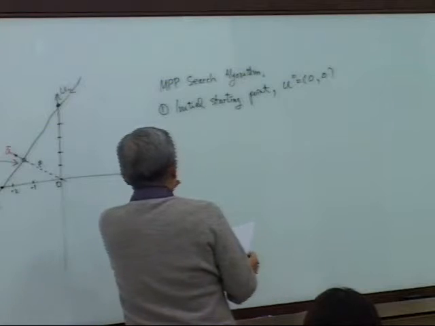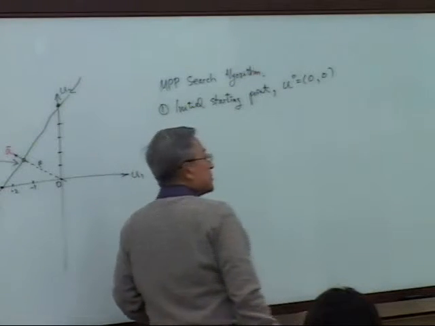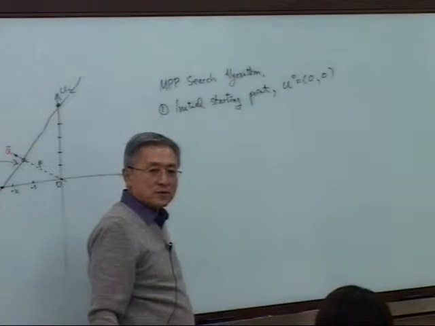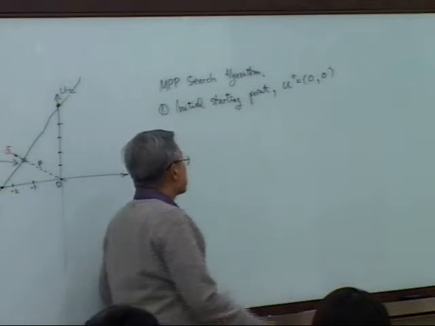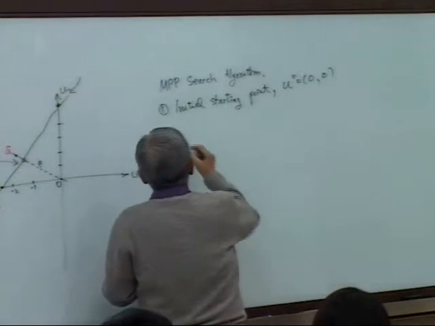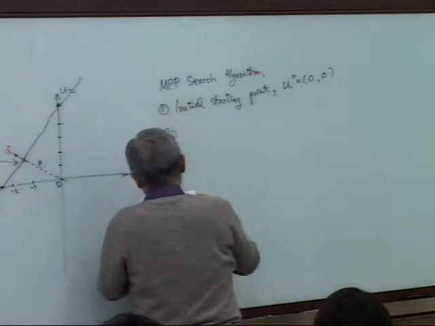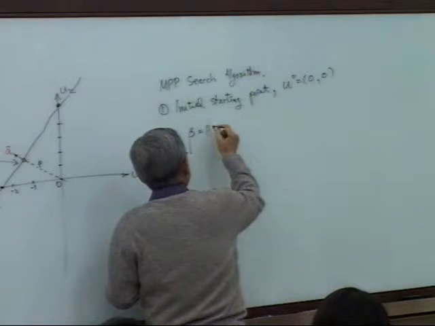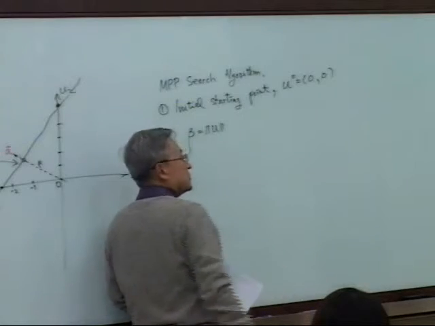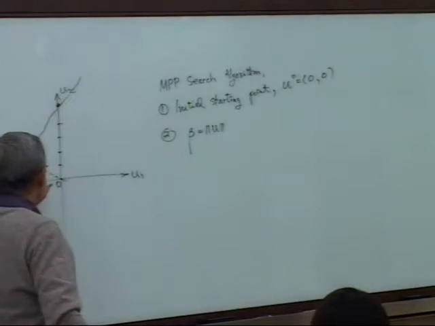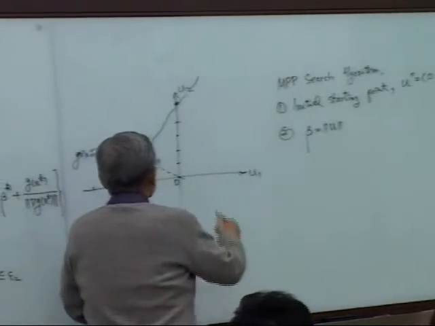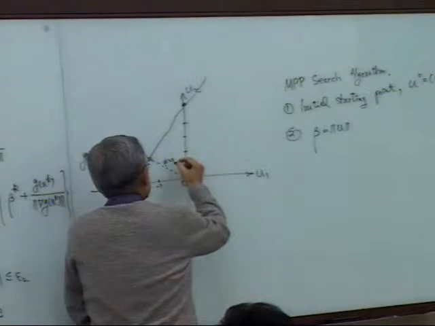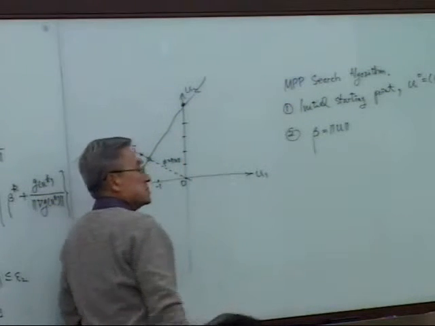So the initial starting point is somewhere on the u, because we don't know. And now beta is the norm of the u, because this distance is equal to the distance u.